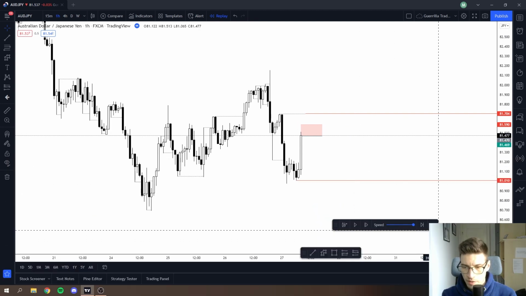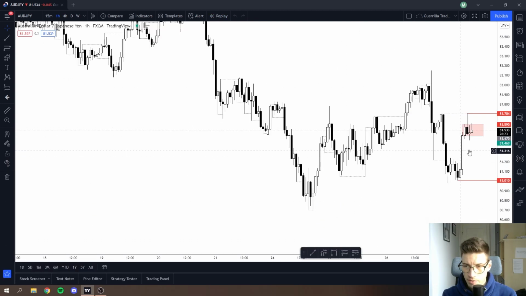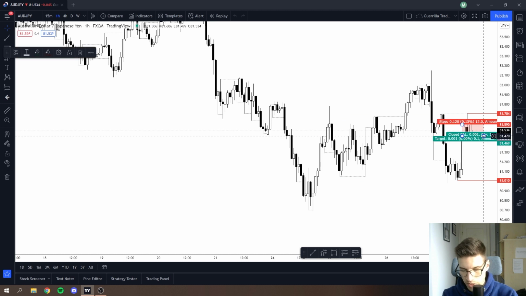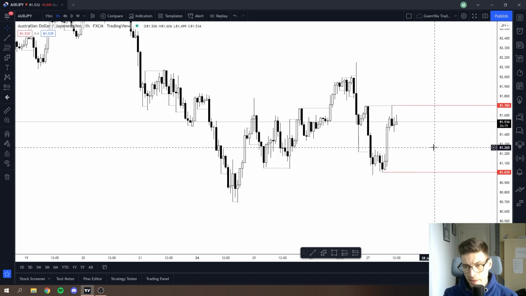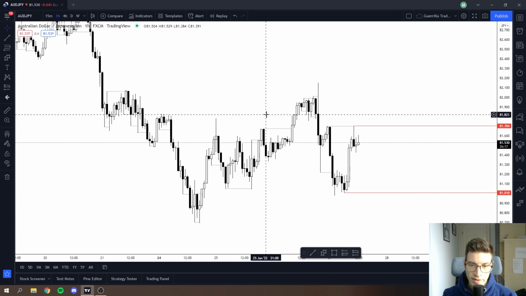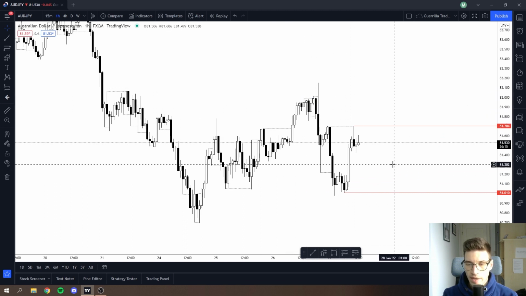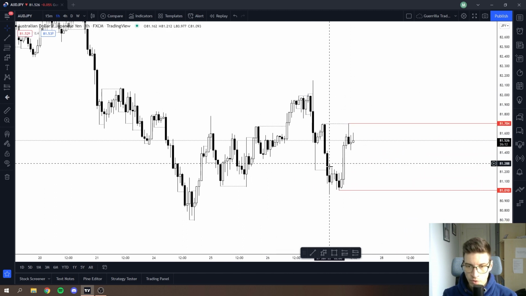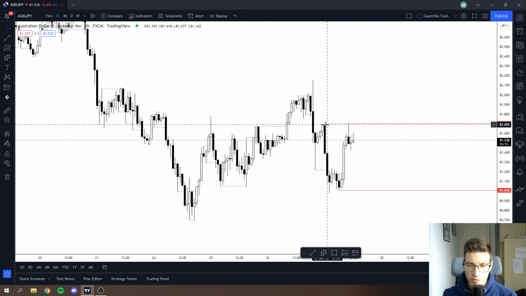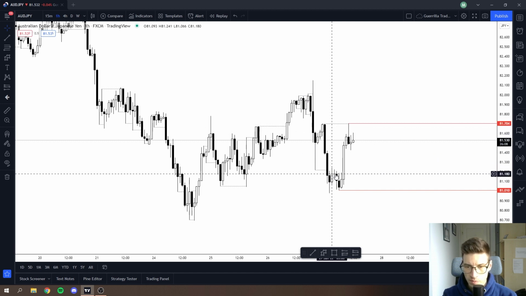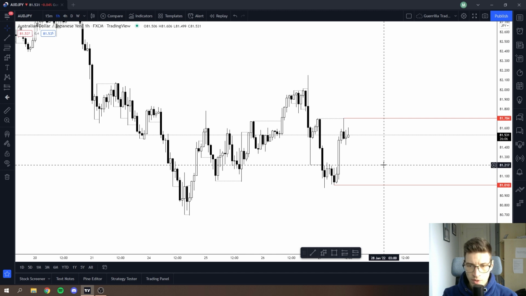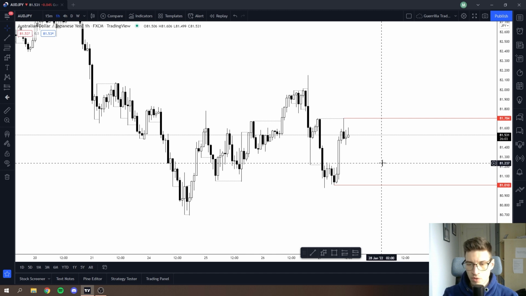So then the price actually stopped me out, so this was also a 1% loss, but it did fit my plan. I liked the trade, I liked the taking out of stops right here, and I liked that we moved to the downside, got really no momentum shift right here, and continued with the downside movement. So it's a 1% loss, but it fit my plan, so it was a good trade.